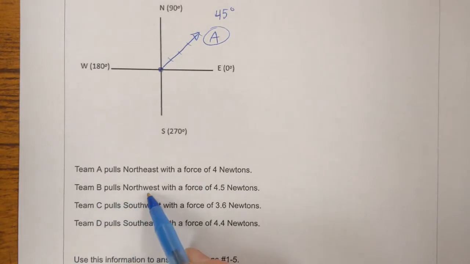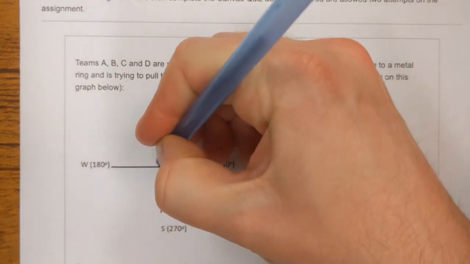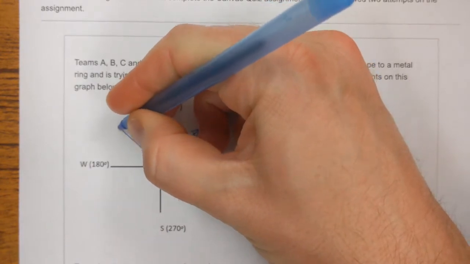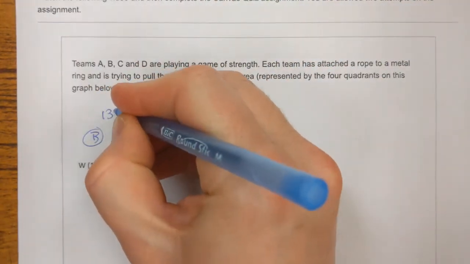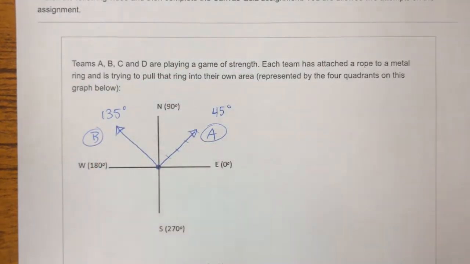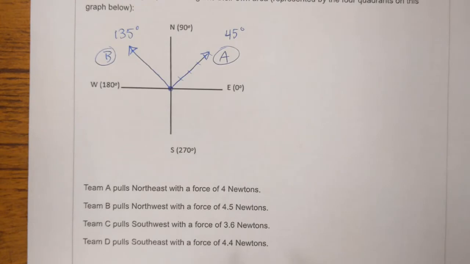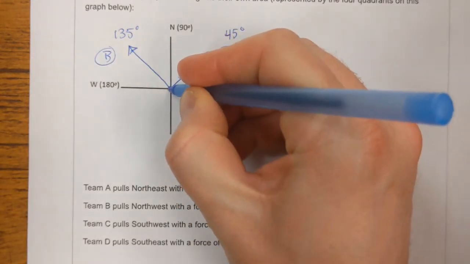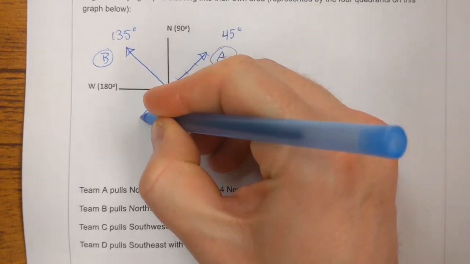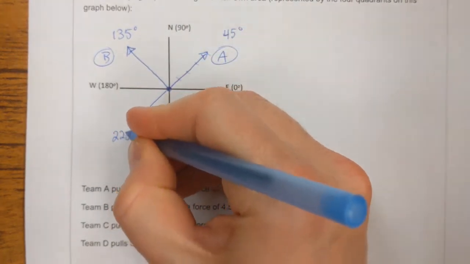Team B pulls northwest with a force of 4.5 newtons, so Team B needs to be a little bit longer, not by much. Northwest, we'll say, is 135 degrees, right in the middle of 90 and 180. Team C is your weakest team, going 3.6, so this one needs to be a little bit smaller, and that's 225 degrees.